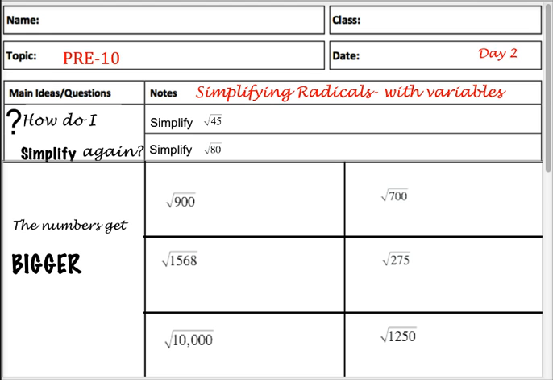Now, when it comes to simplifying these radicals, remember the key numbers we're looking at are 1, 4, 9, 16, 25, 36, 49, 64, 81, 100, so on and so forth, those perfect squares.